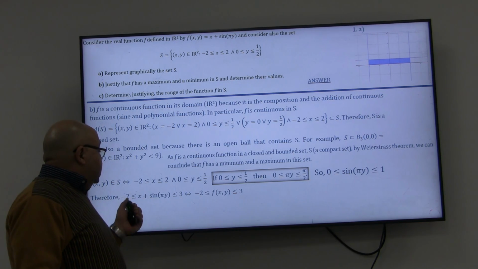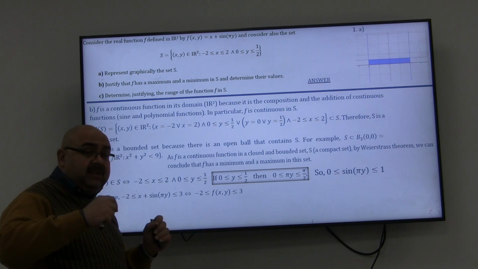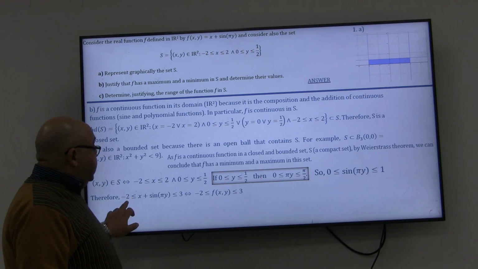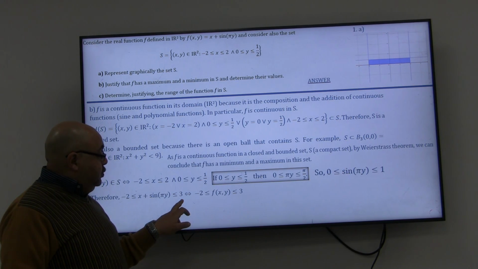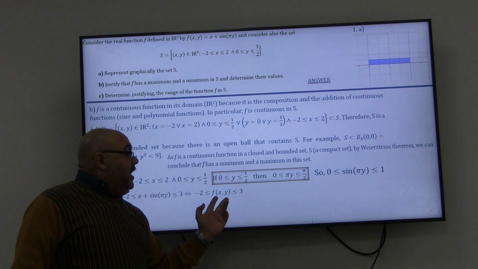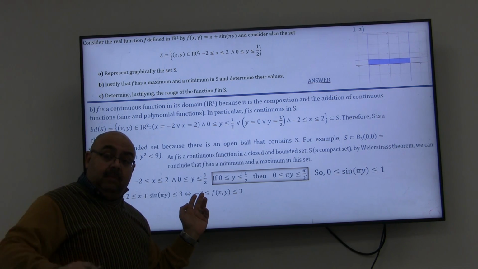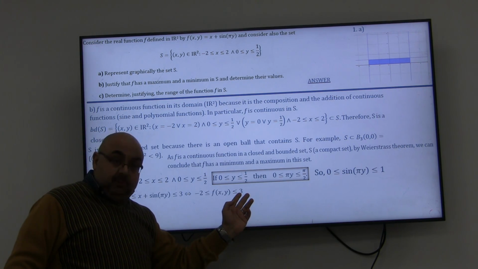This is why x is between -2 and +2. The lower part will be with negative 2, the upper part will be with positive 2. So the minimum value of the range will be negative 2, and the maximum value of the range will be positive 3.